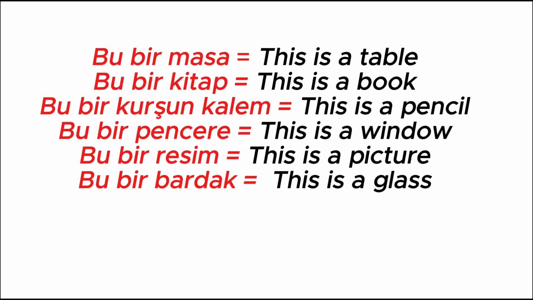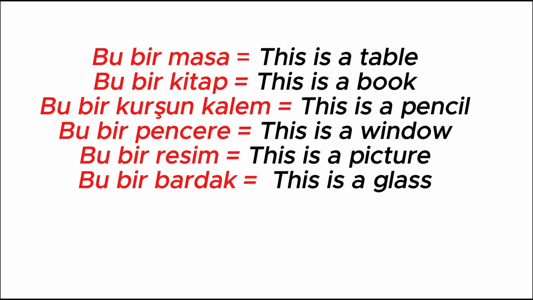Alright, so let's take a look at the sentences that we made once again. Bu bir masa. This is a table. Bu bir kitap. This is a book. Bu bir kurşun kalem. This is a pencil. Bu bir pencere. This is a window. Bu bir resim.